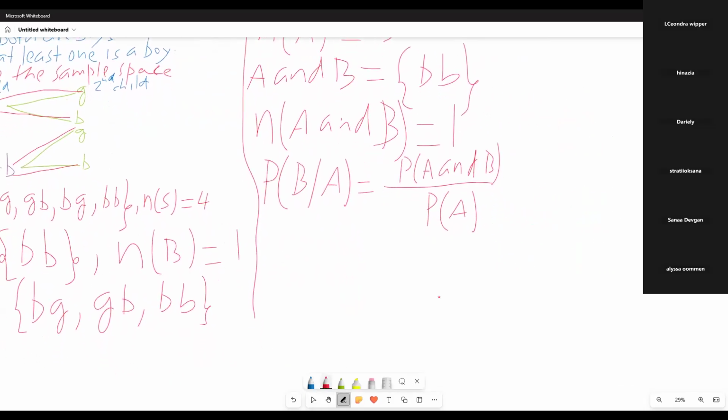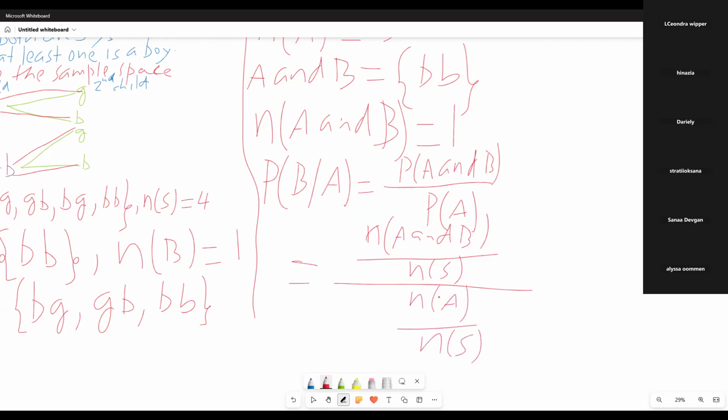Now, P of A and B will be N of A and B over N of S. And then P of A would be N of A over N of S. So you can get rid of N of S here.